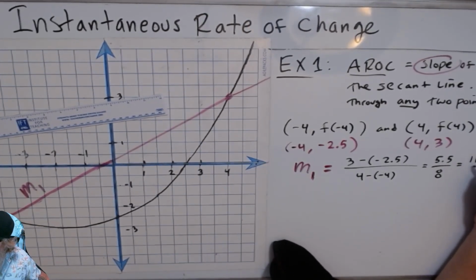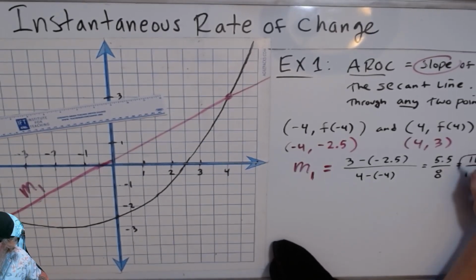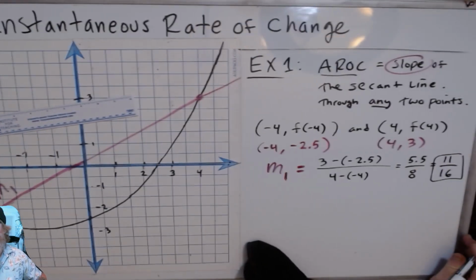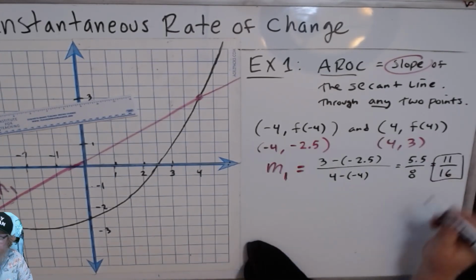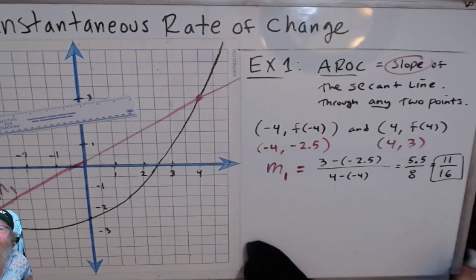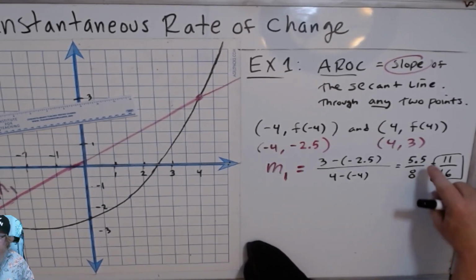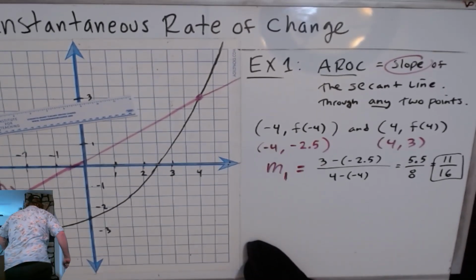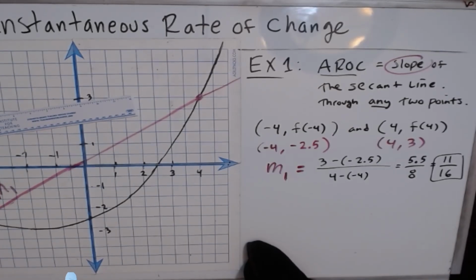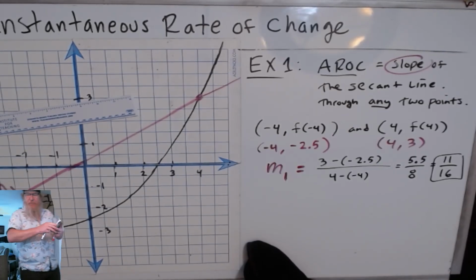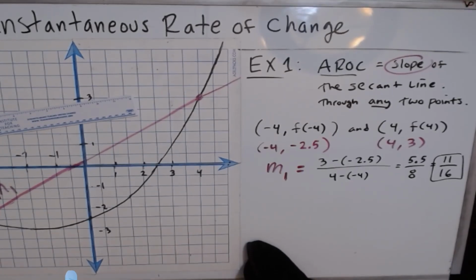As a fraction, that's 11/16. I'm just multiplying the numerator and the denominator by 2 to get a nice fraction. If I divide this on my calculator, you might not be happy with what you get, and it's a little bit tricky to see the pattern.